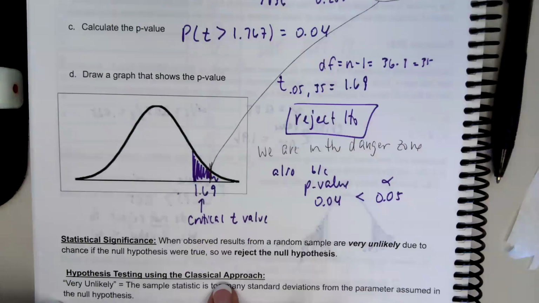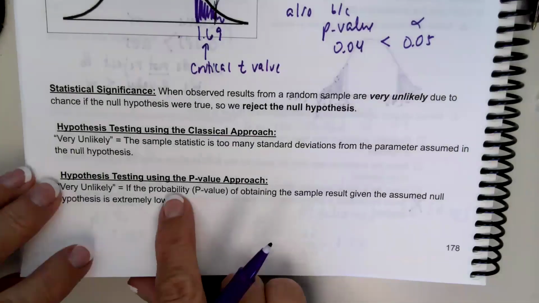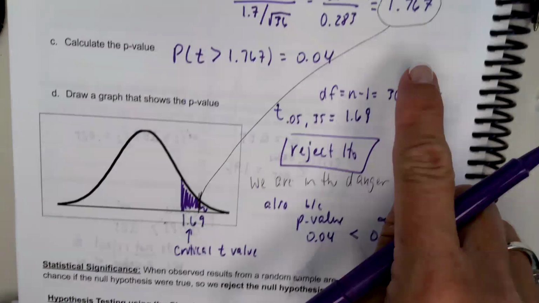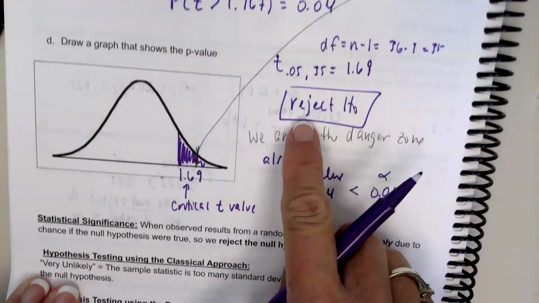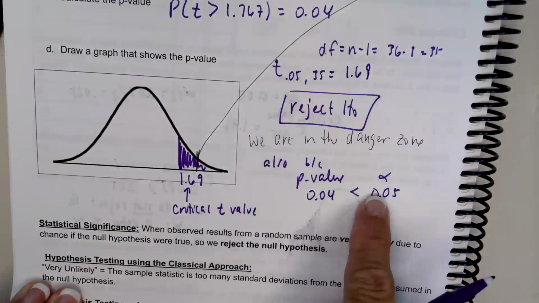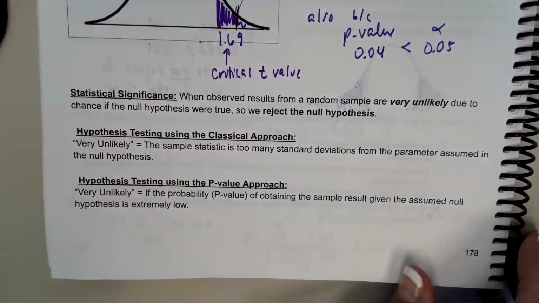And the p-value approach is looking at the probability that you would be this many standard deviations away or further. That came out to be 0.04, and that is less than alpha. So those are the two ways that you can show something is unlikely.